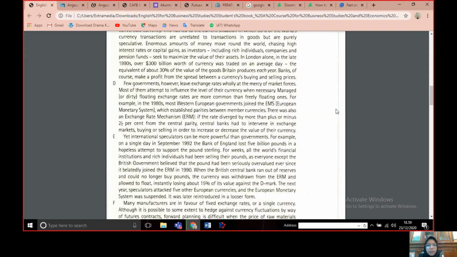If the rate diverged by more than plus or minus 2.25% from the central parity, central banks had to intervene in exchange markets, buying or selling in order to increase or decrease the value of their currency.